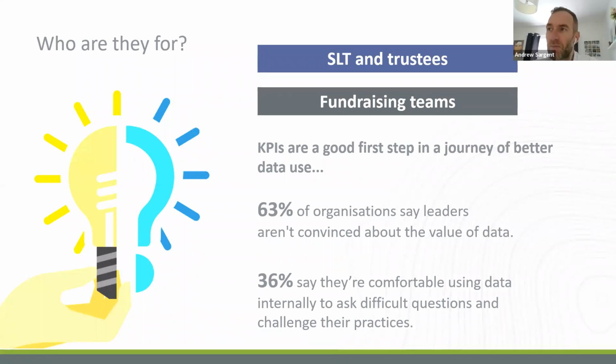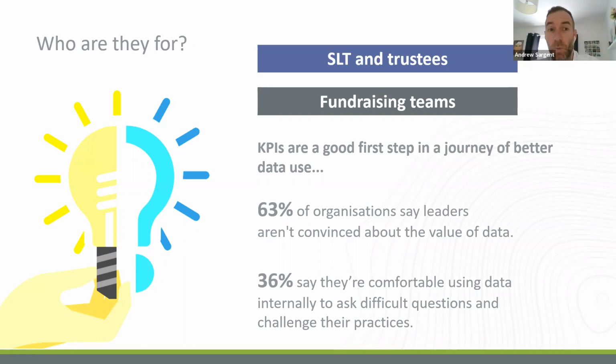Also for fundraising teams, so that they can check how the activity is doing, so they can pivot more tactically into better areas or stop things that aren't working. So they're useful at both the tactical and strategic level, and they might sometimes be different, but the core KPIs we'll talk about today should be able to be used for both.